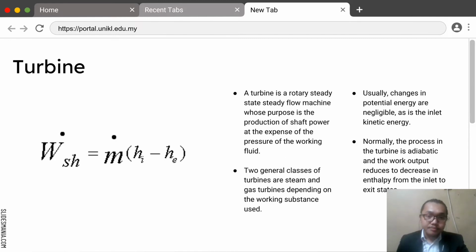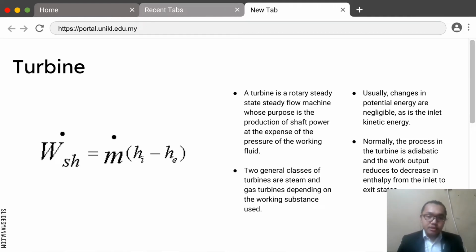For the next slide. A turbine is a rotary steady flow machine whose purpose is the production of shaft power at the expense of the pressure of the working fluid. Two general classes of turbines are steam and gas turbines, depending on the working substance used.